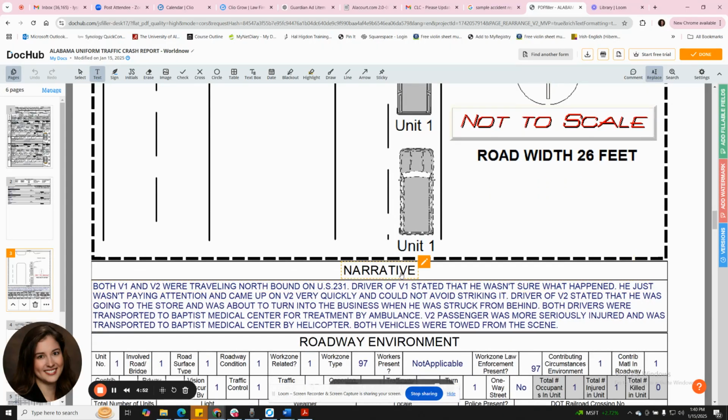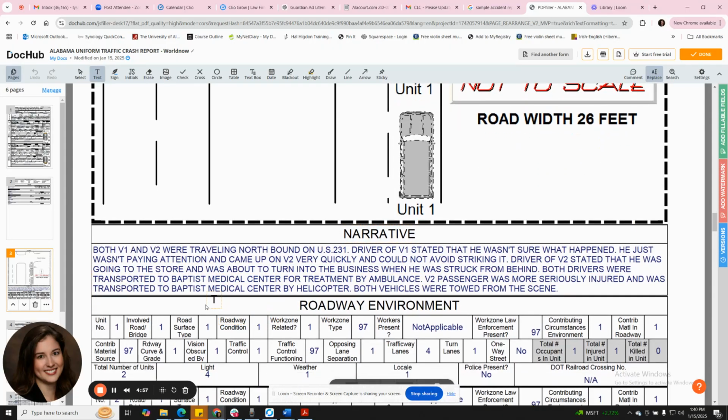Next important part is the narrative. You want to read this really carefully, and hopefully, in light of what we've learned about vehicles 1 and 2, you're able to read it and understand what they're talking about. So they've got vehicle 1 and vehicle 2 were traveling northbound on US 231. Vehicle 1 says he's not sure what happened. He wasn't paying attention, couldn't avoid striking.